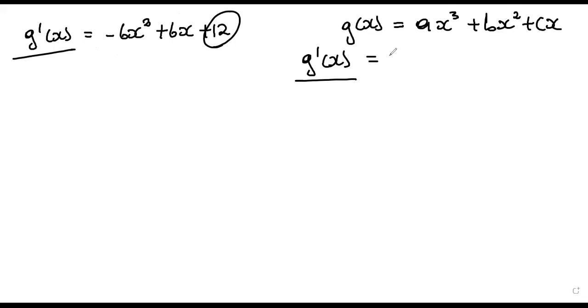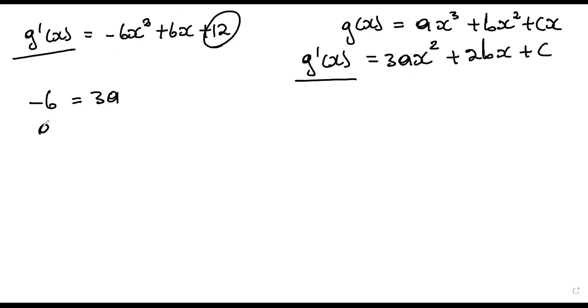So differentiating the original function using the power rule, we get 3ax squared plus 2bx plus c. So now we equate the coefficients. If the two derivatives are equal, then negative 6 has to be equal to 3a.